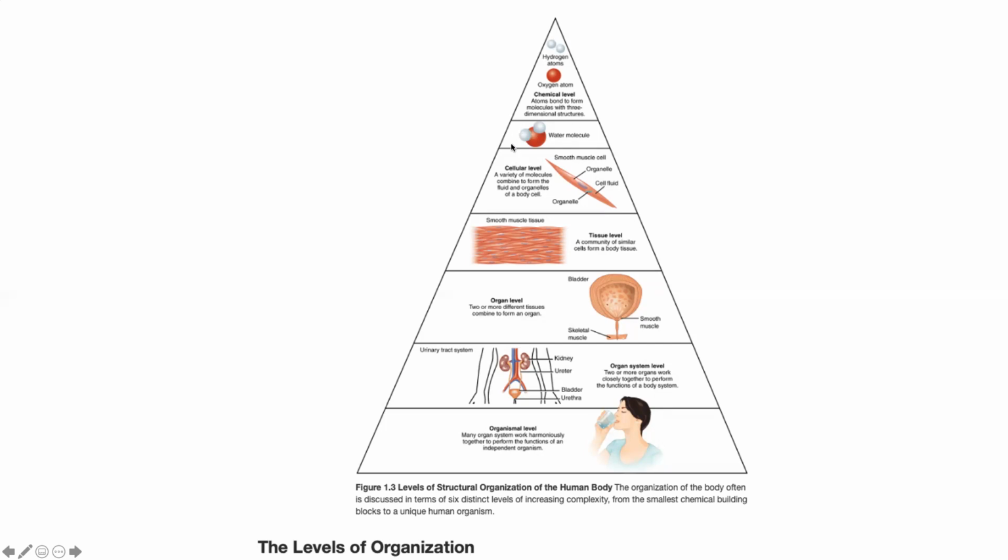Finally we get a cell, and cell combinations make tissue, and similar tissues together make an organ. Let's say cardiac muscle tissue will make a heart. The tissue of these muscles will make a urinary bladder, and the combination of kidney, bladder, and the passage of urine, the urethra, contributes to the urinary system. And of course, many systems in our body combine together to become a human being.